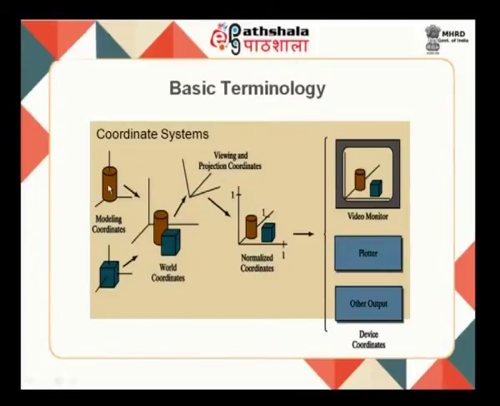Initially, the objects were assuming local coordinates, which are also called modeling coordinates, and when we put them with respect to another reference position, the world coordinate system, all these objects assume world coordinates. The next step is to convert the world coordinates to viewing coordinates.